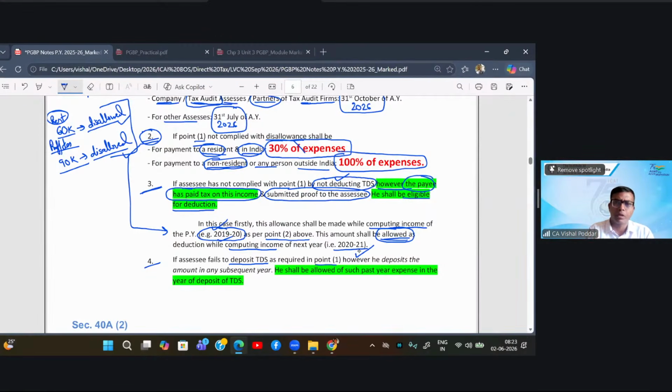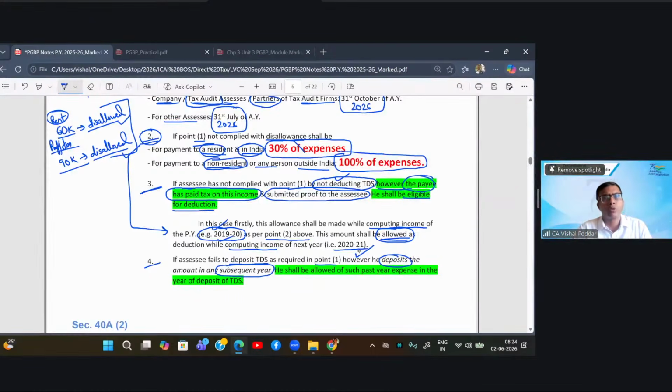You failed to do that. You failed to deposit the tax. However, later on, let us say in 26-27 or 27-28, somewhere in the future, you subsequently deposited the amount in any future year.